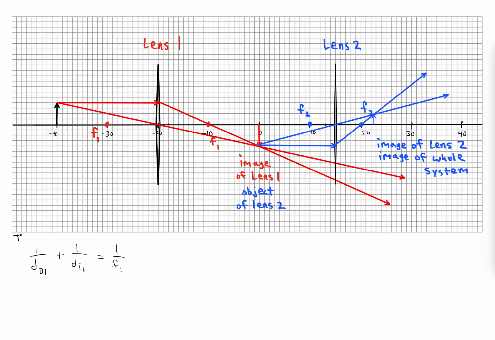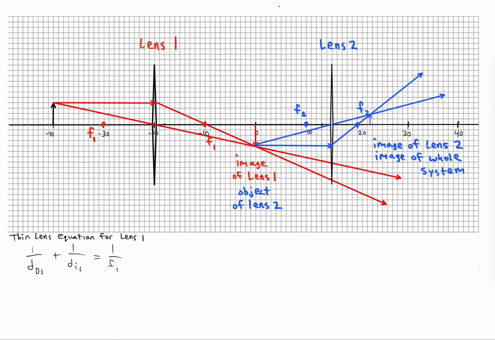This is the thin lens equation for lens 1. So we want to measure the distance from our object to lens 1. It's dO1, and it's 20 centimeters.